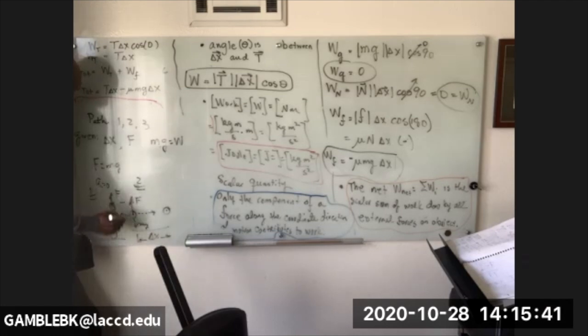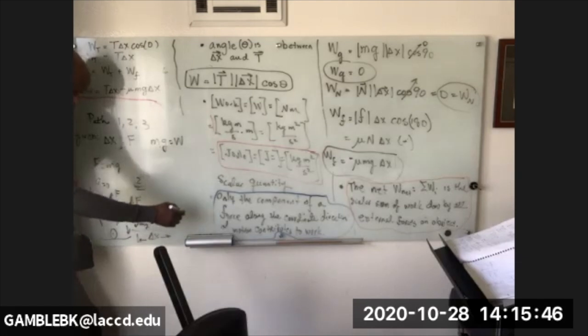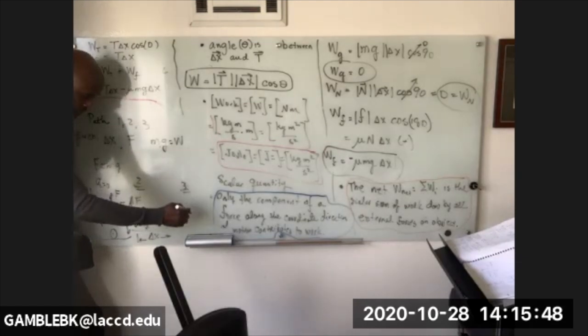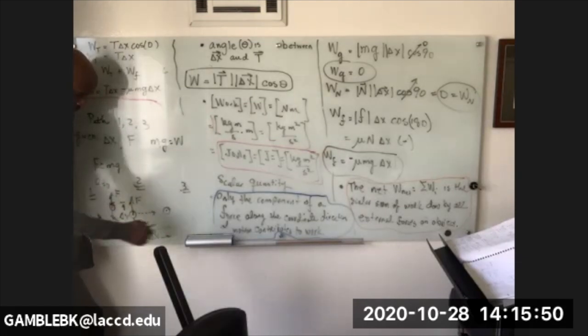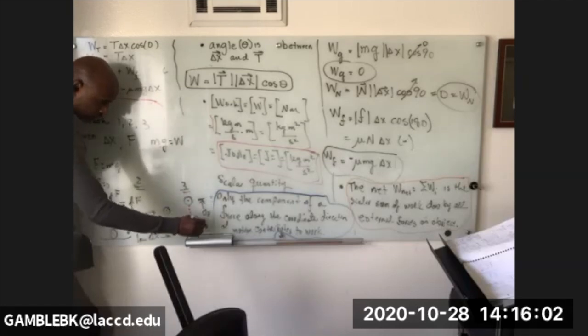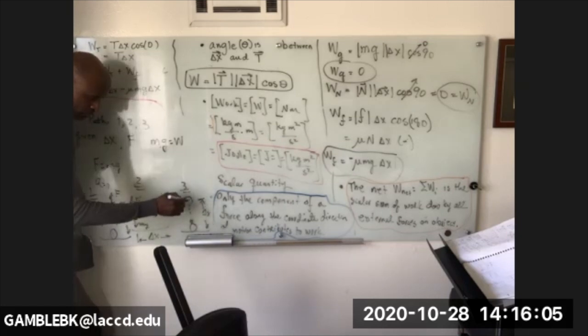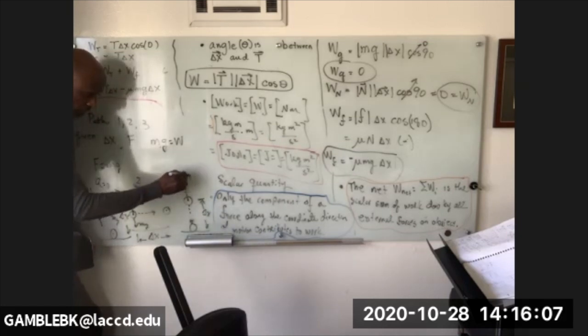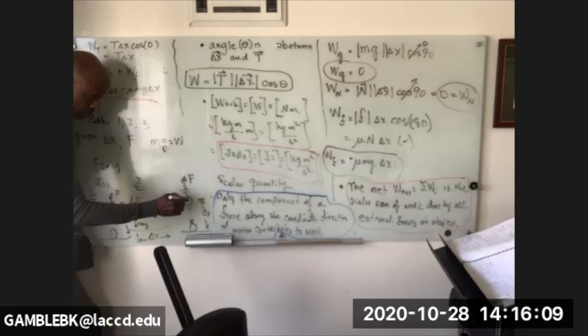Delta x here is just the magnitude, but it has a direction relative to F. And over here, for path 3, basically the same picture, it's just the object is moving down, right? There's the ground. The dumbbell was here initially, then it was on the ground. It moved this direction, so the distance it moved was delta x. But still, at any point, F is up on the object and mg was down.